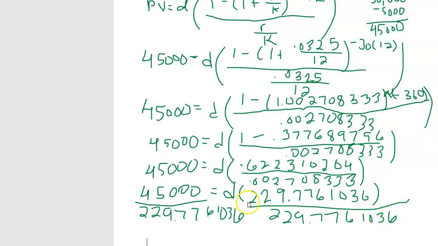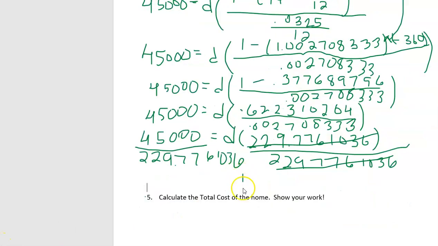Over here this will cancel out, we'll have d by itself, and we need to put this into the calculator. And I get that d is $195.84, which makes sense. It's only a $50,000 house.